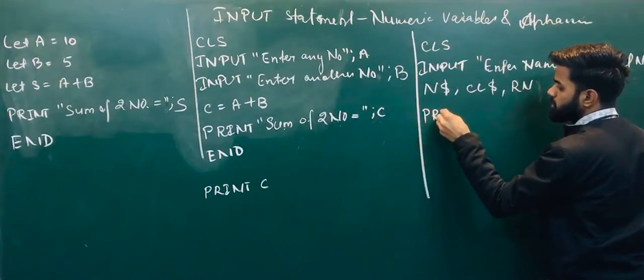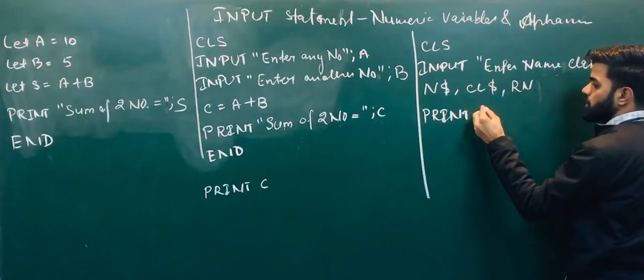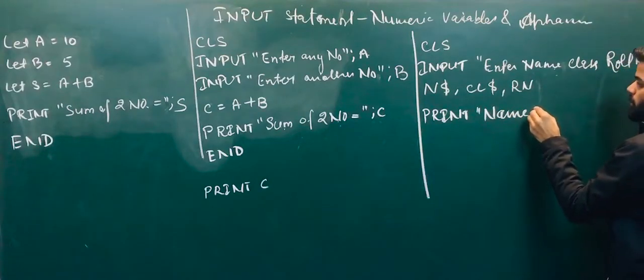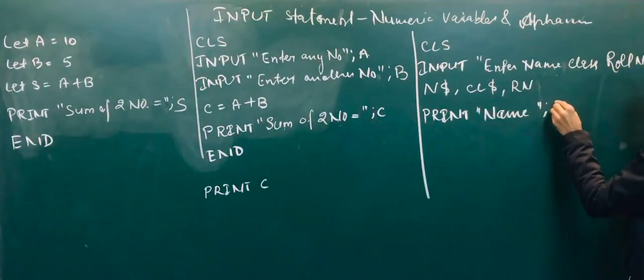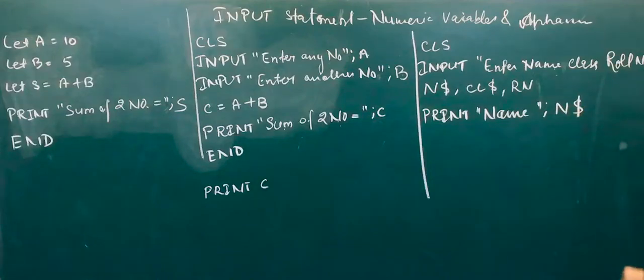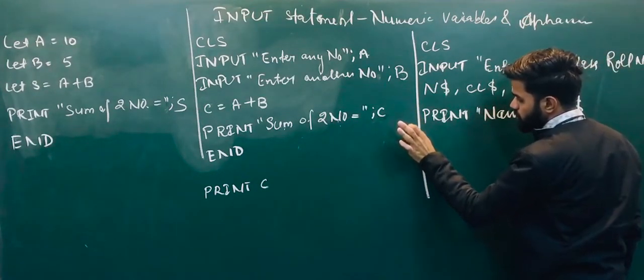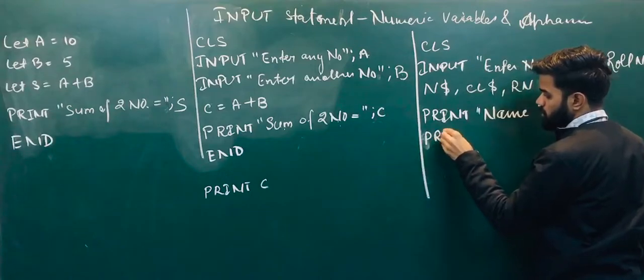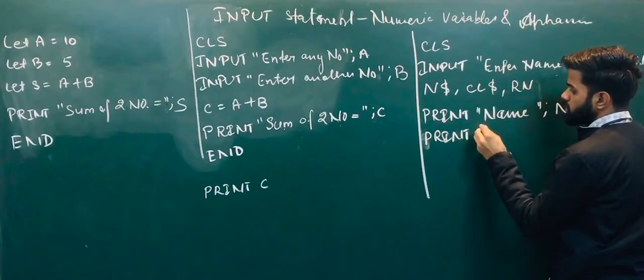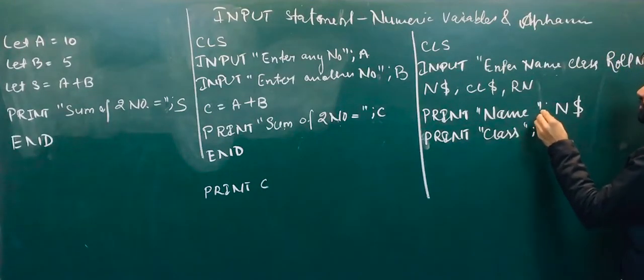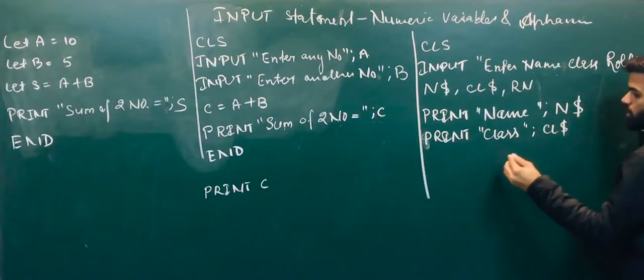We'll write print "name" in double quotes, close, colon, and then N dollar. So whatever name is there, it is stored in variable N dollar. After this, print "class", and then it is stored in variable CL dollar.